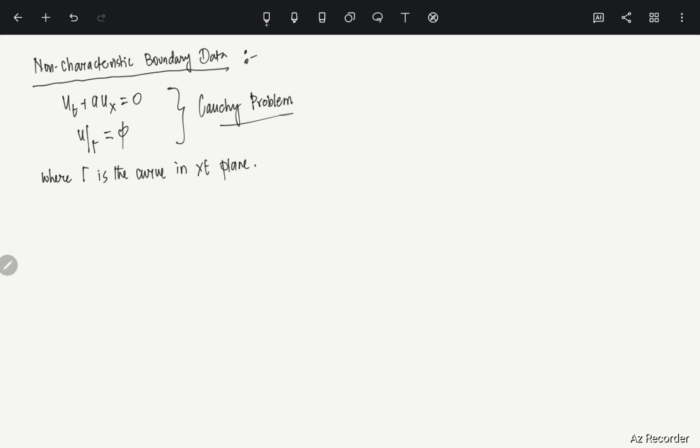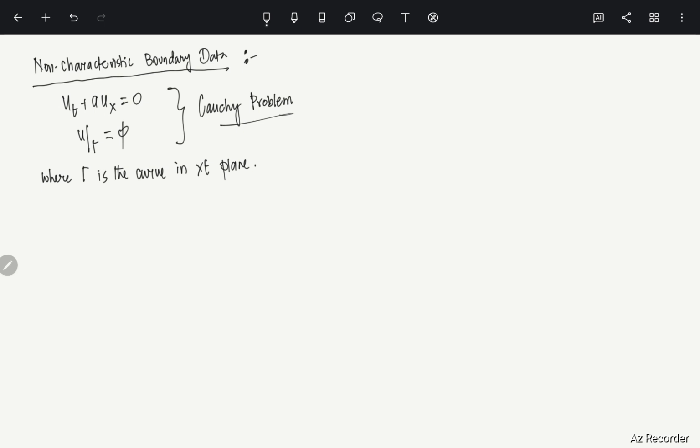Now the thing is this: we want to find out under what circumstances there can be solutions, and if there is a solution, whether the problem is well posed or not. We have already talked about well posedness. Well posedness means if there is a solution, is it unique?